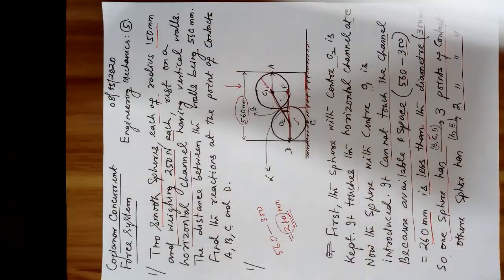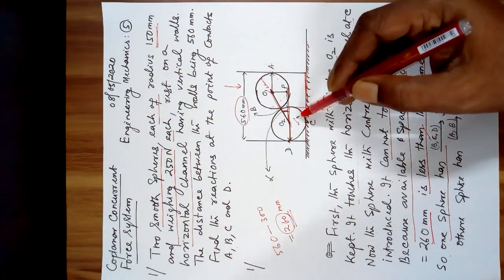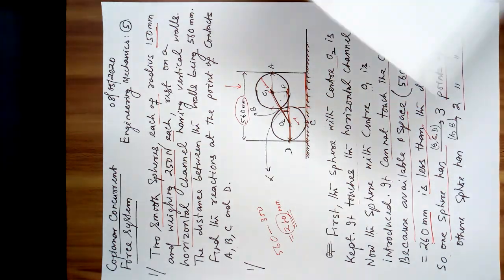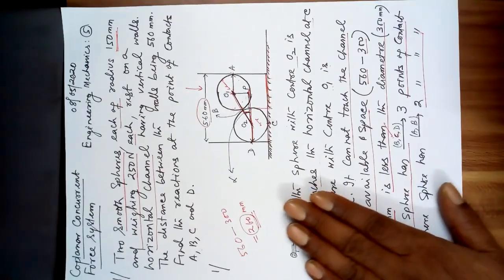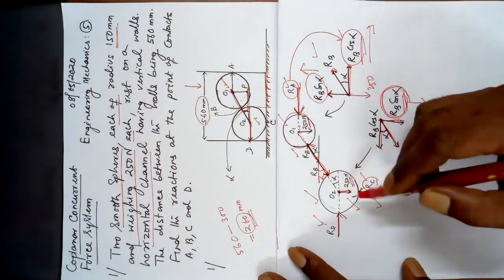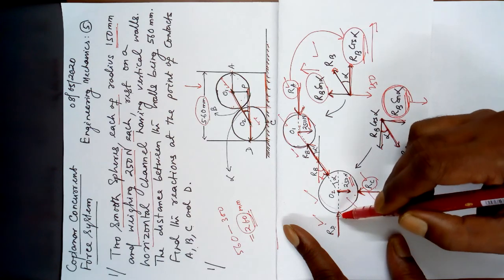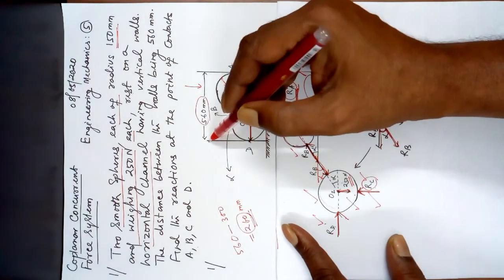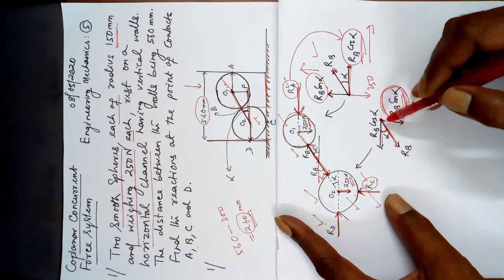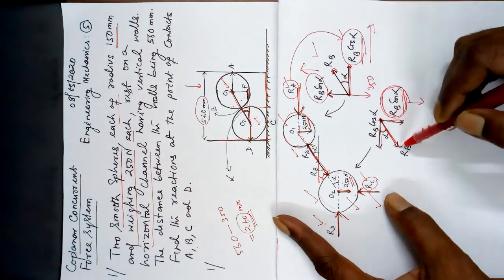Now for the sphere with center O2, let us balance the forces along the x-axis. At this point, this is the reaction force provided by this wall, and at this point, this is your RB.